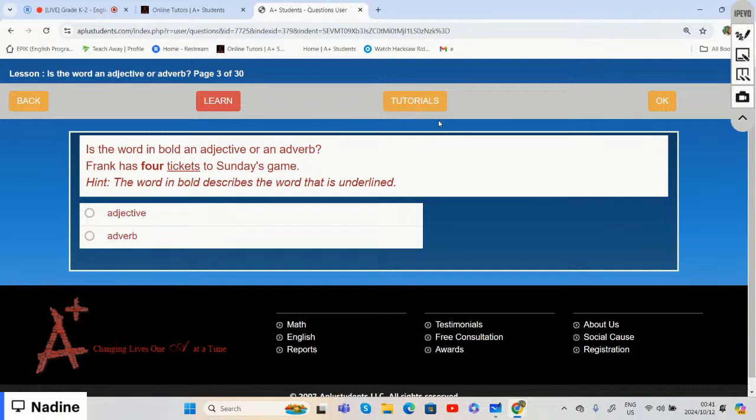And if we look at our correct answer, we can say it is an adjective.